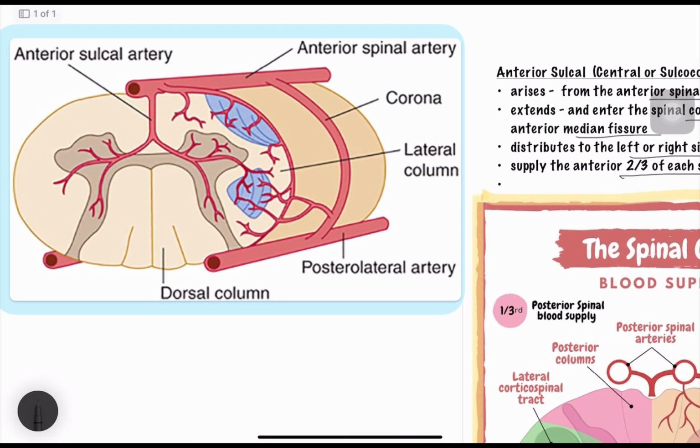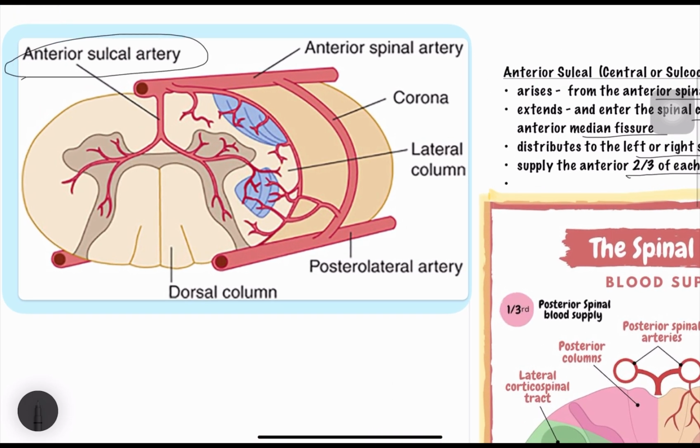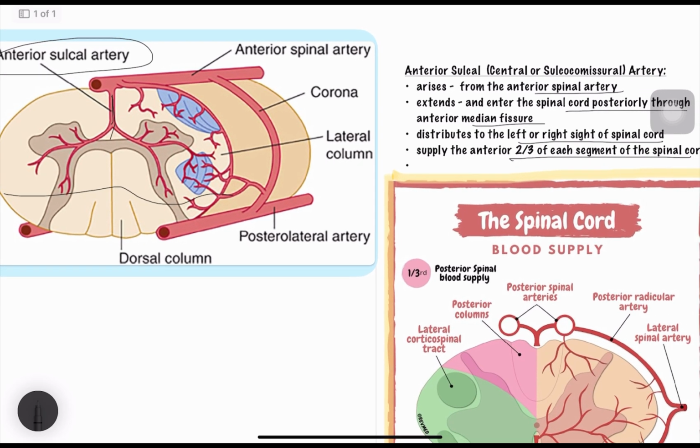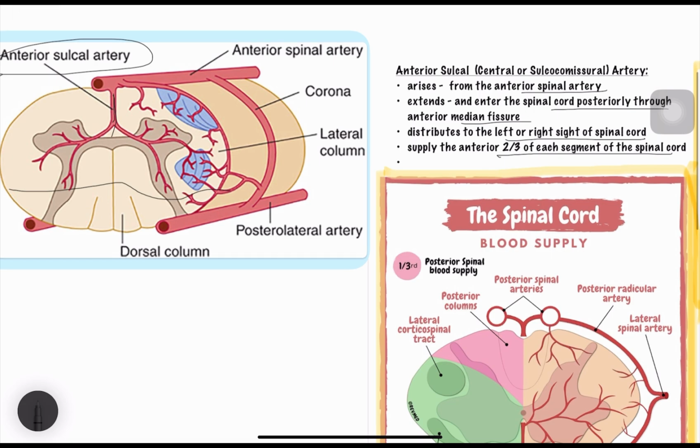Here we can see the anterior sulcal artery supplying the anterior 2/3 of the spinal cord, entering through the anterior median fissure and supplying the inner parts of the spinal cord.